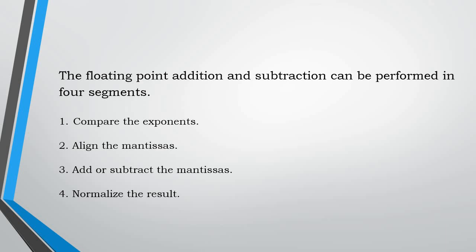The registers labeled R are placed between the segments to store intermediate results. The sub-operations are: segment 1, compare the exponents; segment 2, align the mantissas; segment 3, add or subtract the mantissas; segment 4, normalize the result.